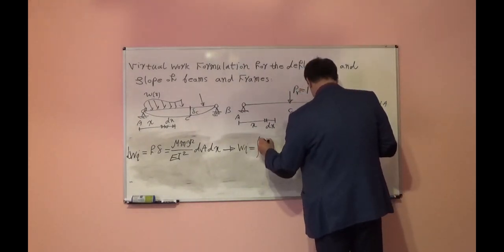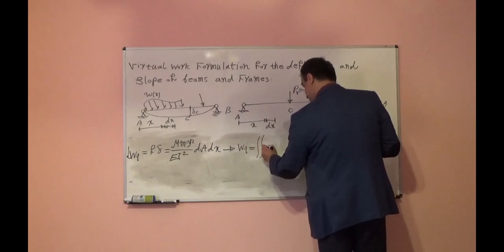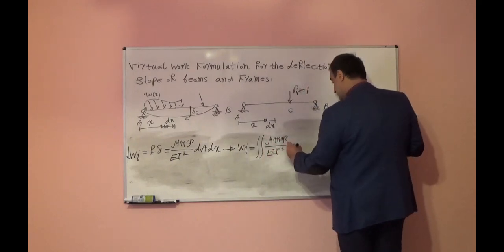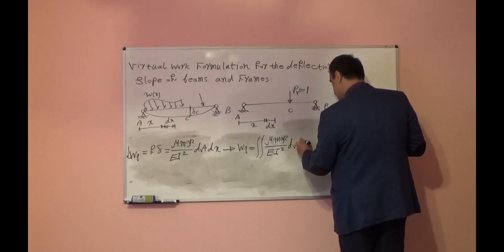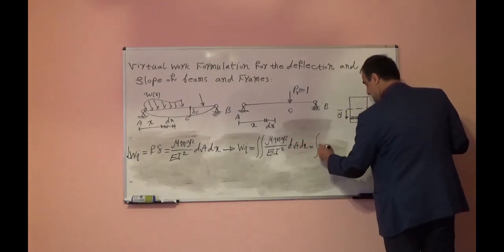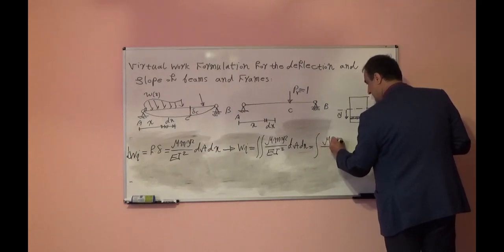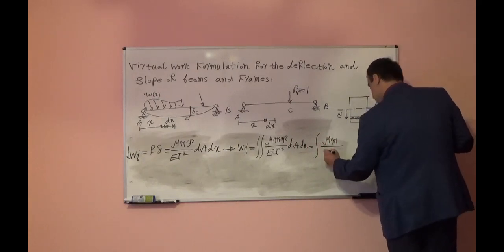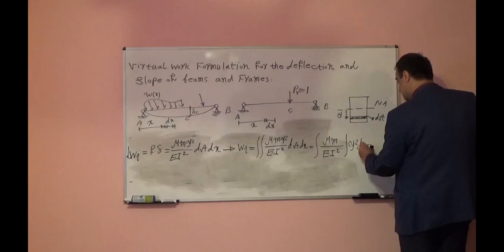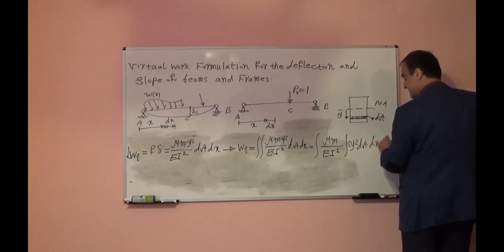It will be double integration of M m y squared over E I squared dA dx. I can rewrite this as integration of M m over E I squared times integration of y squared dA dx.